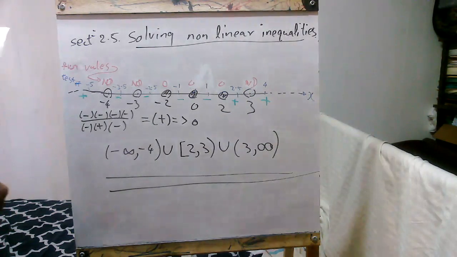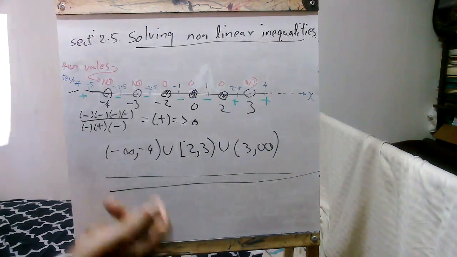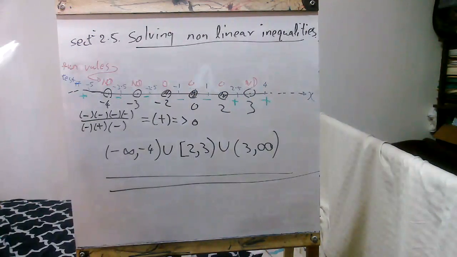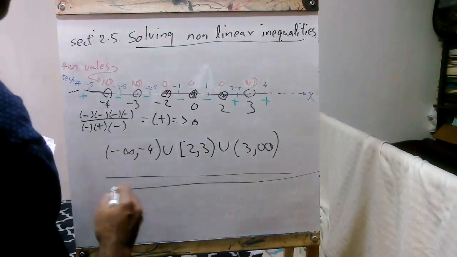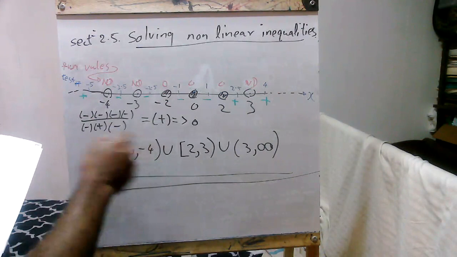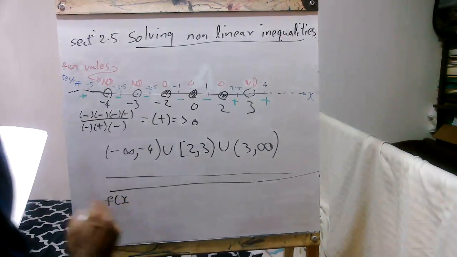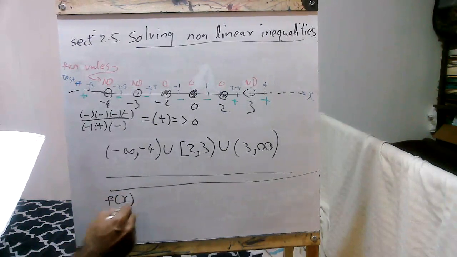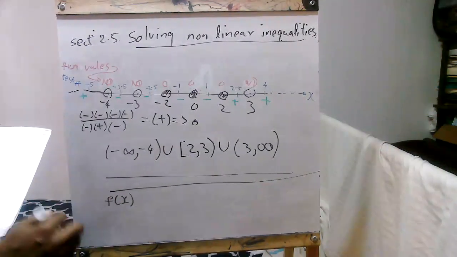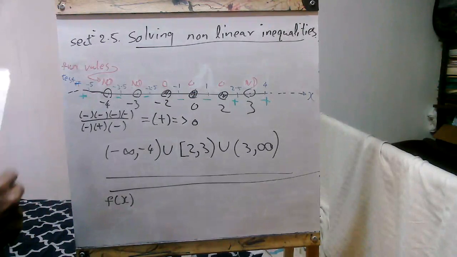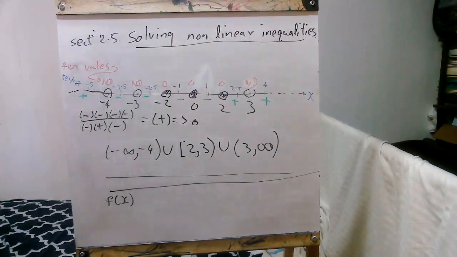Now, the only calculator tip I can give you is this. You have f(x). Before, you remember I wrote f(x). Enter this into the calculator. Let me see the calculator.